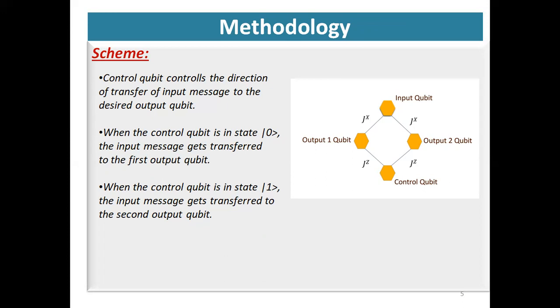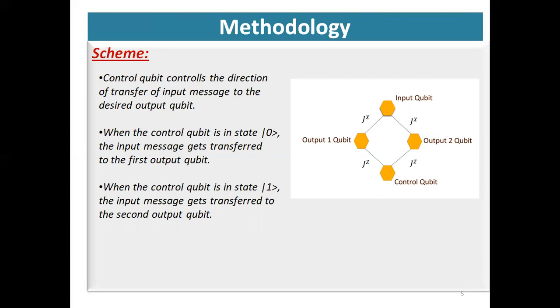You can also see the coupling Jx and coupling Jz. These Jx and Jz are called transverse and longitudinal couplings, respectively. Jx is the transverse coupling and Jz is the longitudinal coupling. Jx couples the input qubit with the first output qubit, and also couples the input qubit with the second output qubit.